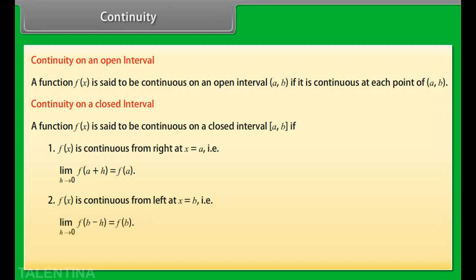That is, limit h approaches 0 of f of b minus h is equal to f of b. 3. f of x is continuous at each point of the open interval a, b.